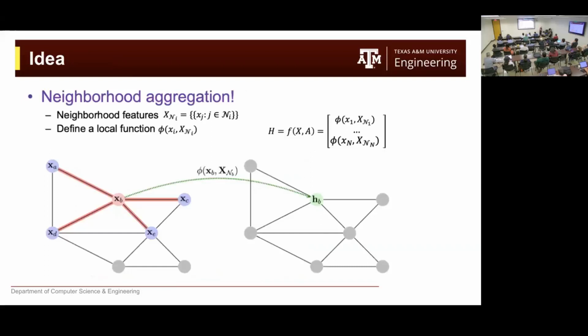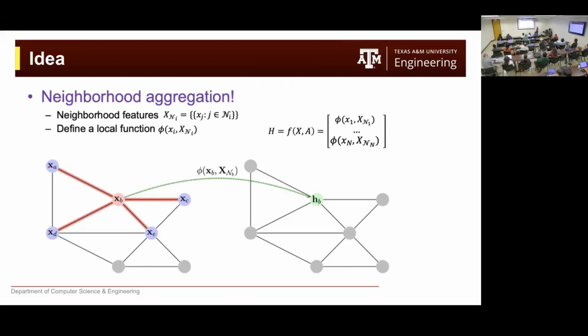So this idea is achieved through some local functions, as you can see here. Suppose we have a node xj. The neighborhood of this j is defined as X, which is the matrix of features of the neighbors. Then we define a function phi that acts on the current node and the neighbor feature matrix.